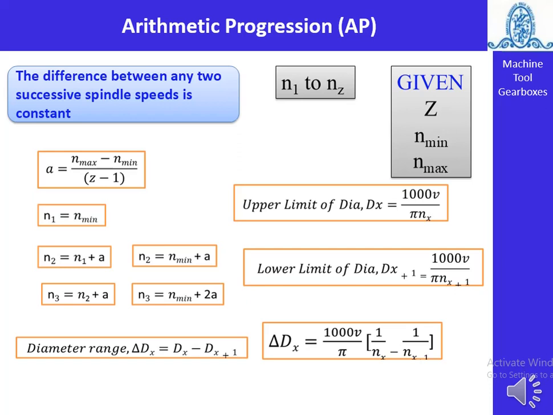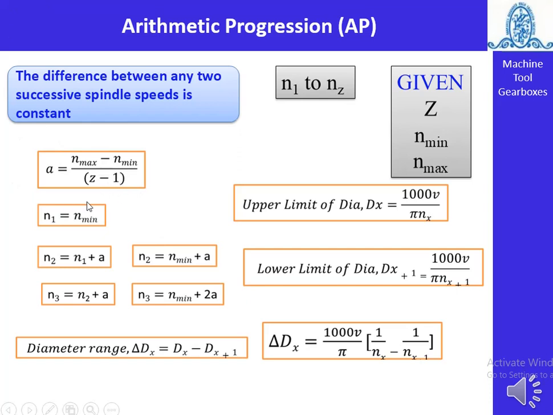In arithmetic progression, the difference between any two successive spindle speeds is constant. That means if you take any two successive spindle speeds, the difference is constant. It is indicated by A. So A is equal to n max minus n minimum upon z minus 1.